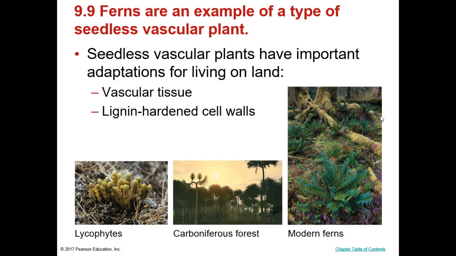Okay, so ferns are other types of plants that are seedless, but they have vascular tissue, right? So they don't produce seeds, they produce spores, and they germinate in and of themselves without the need for other interaction, if you will, sexual interaction.